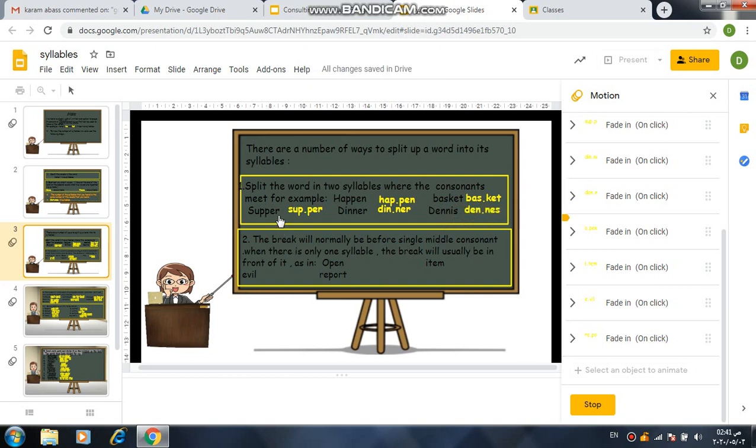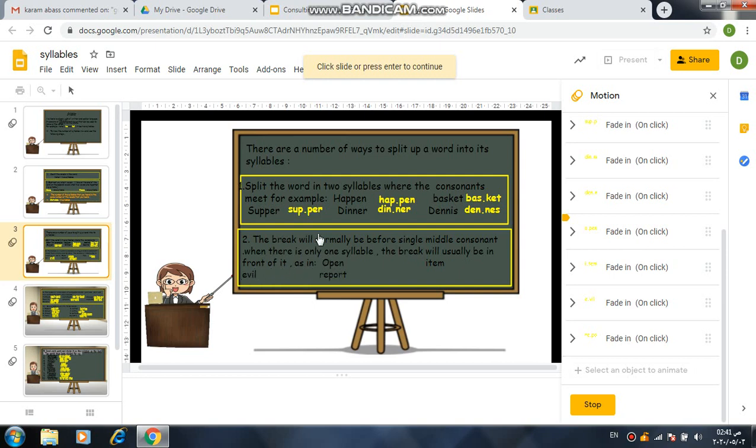Number 2. So, number 1, split the word into syllables where the consonants meet. Number 2, the break will normally be before a single middle consonant. The break will usually be in front of it.